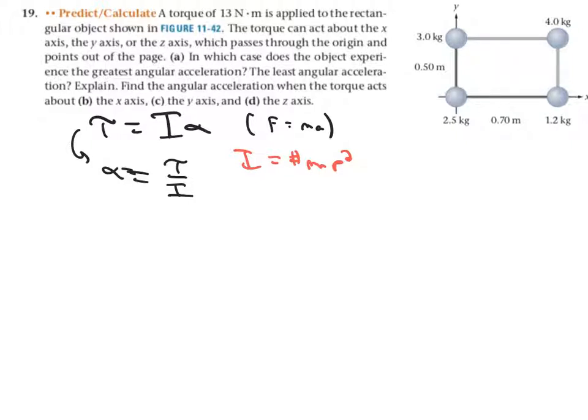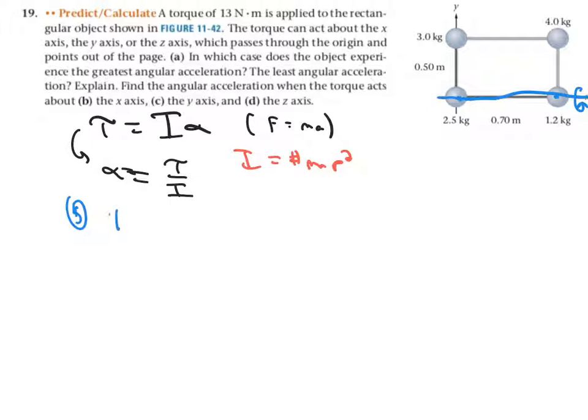So for instance, if we talk about rotating around the x-axis, so something spinning around that, which would mean this coming out of the page at us and looping around, then in that case this one and this one would not contribute, and we would just have 7 kilograms that's half a meter away.